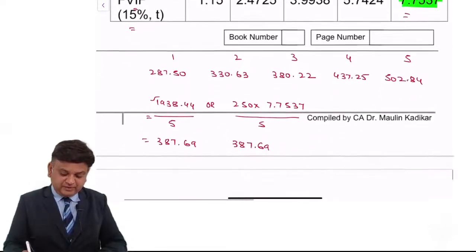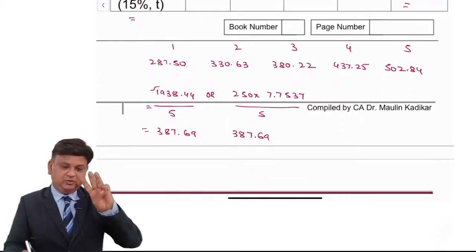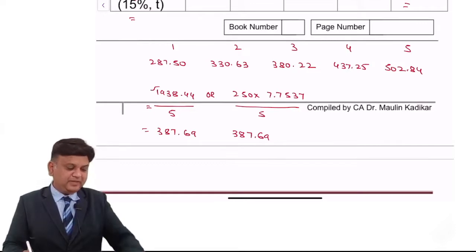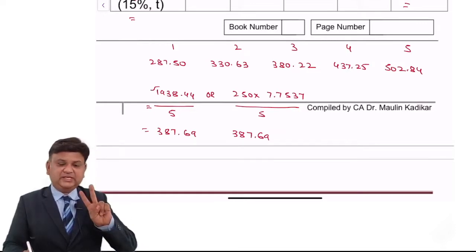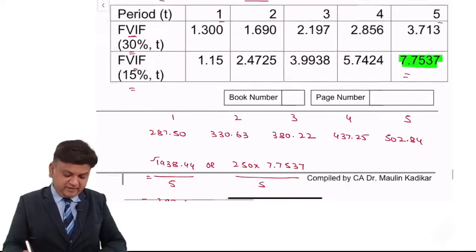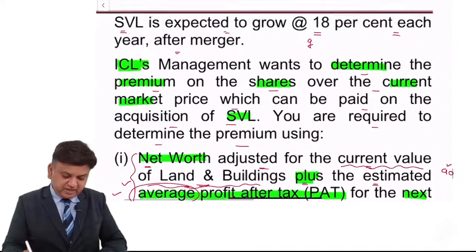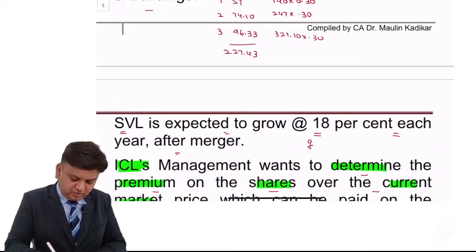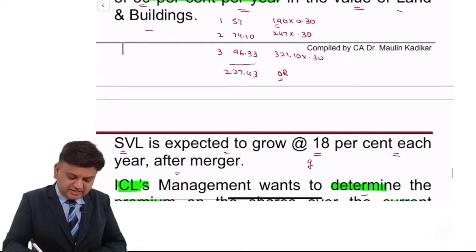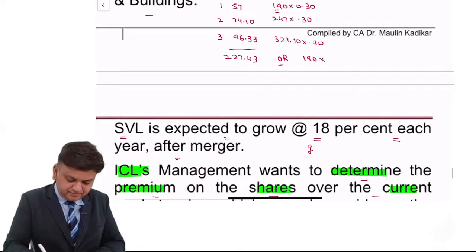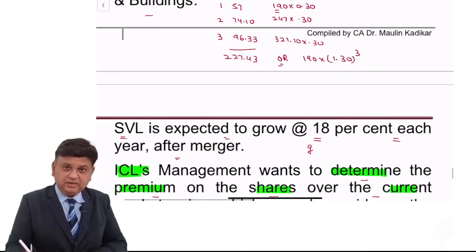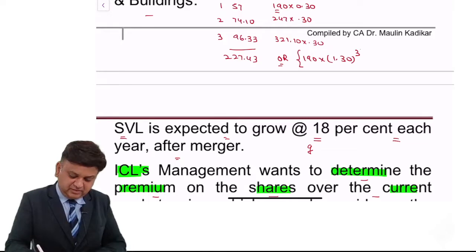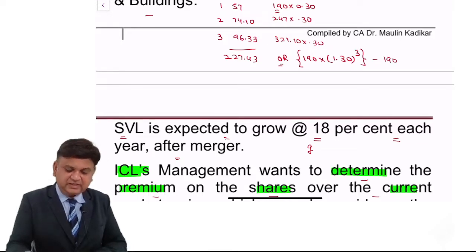So friends, what will happen? There are three things as I told you. One is the net worth, that is 785 crore. Second is the appreciation of the value of the land and building. Smart students like you may have a working like this: 190 into 1.30 raised to 3. This is the current value of the land and building, minus 190 directly.